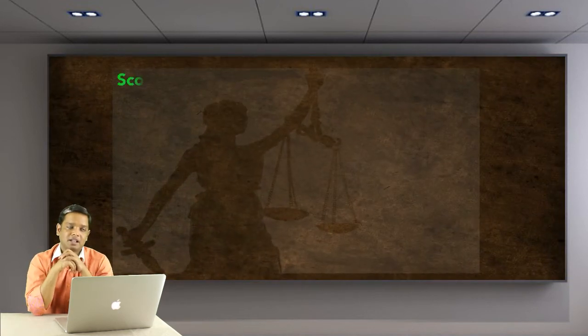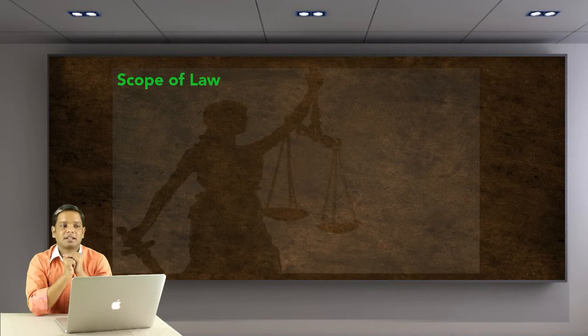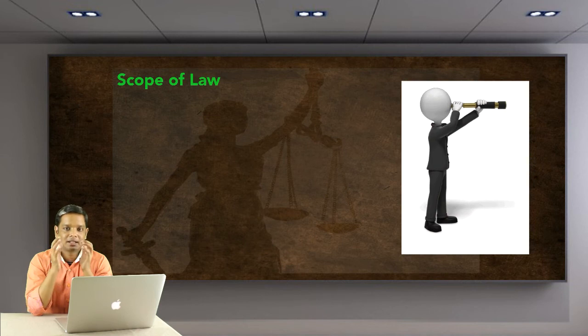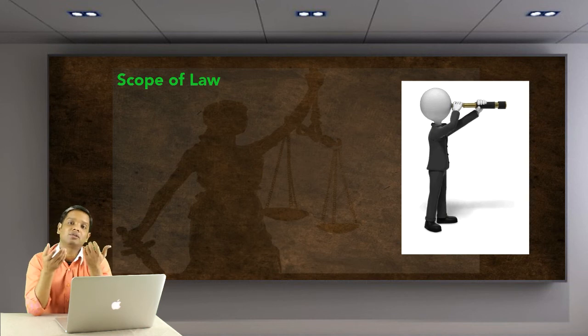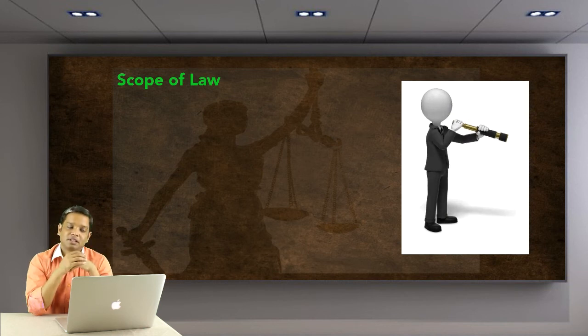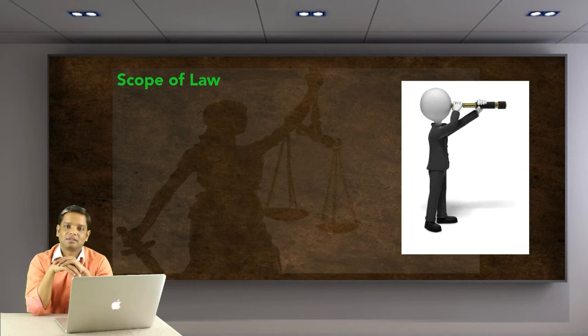Very interesting, especially for the law students, because in order to set up the career in the legal field, you should understand what are the scopes where you can make your career, because the law has dozens of scopes.